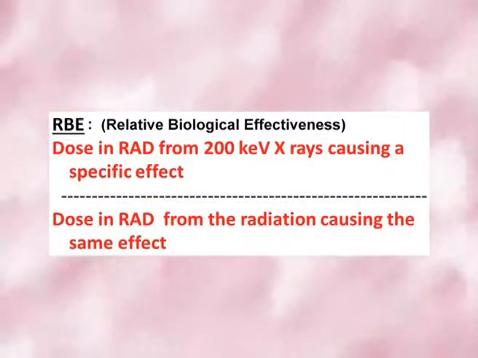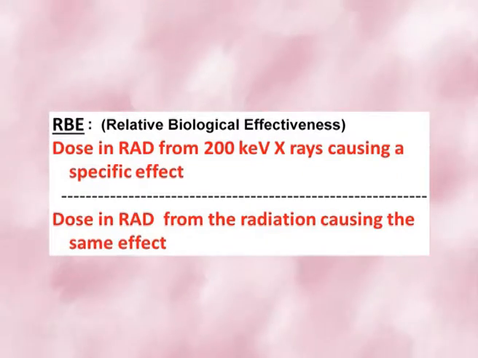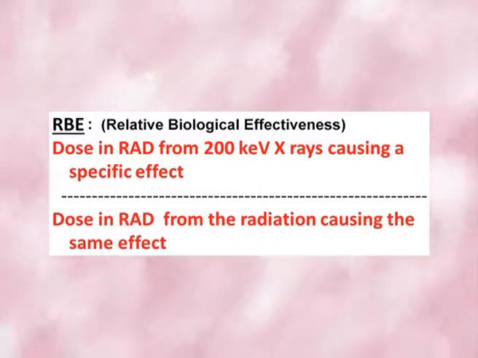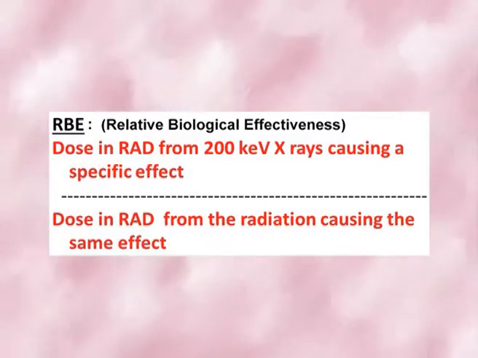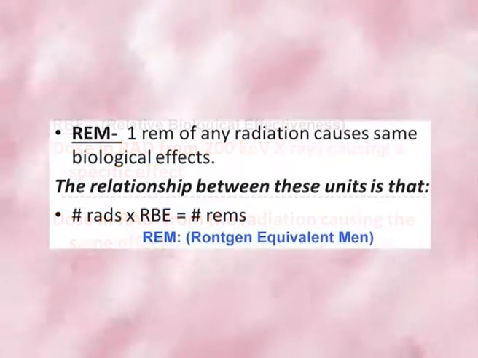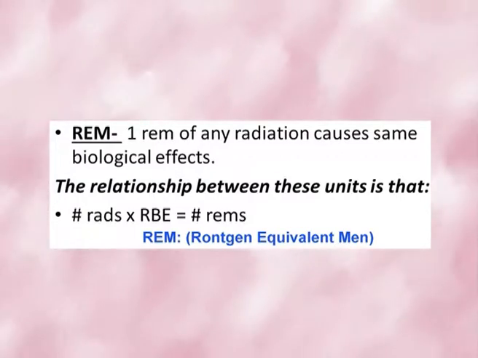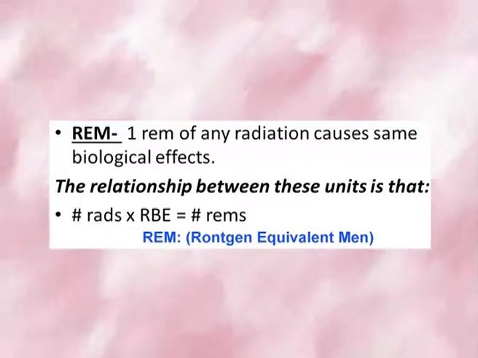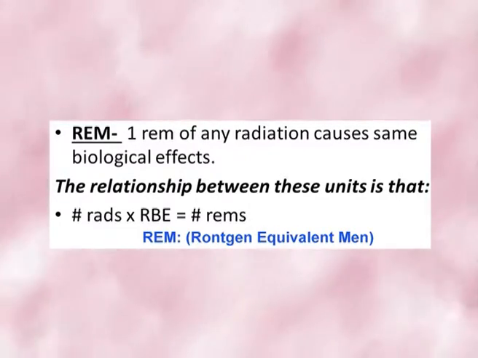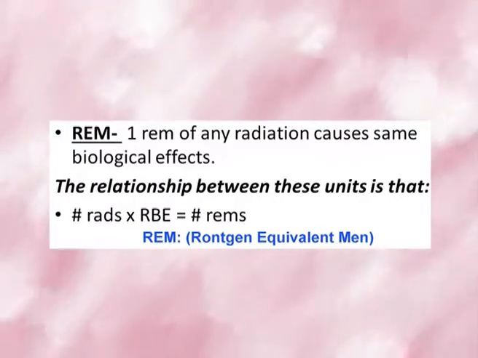RBE, relative biological effectiveness, is the dose of 200 kilo electron volt X-ray to show a specific effect divided by the dose of other radiation to show such a specific effect. REM, Roentgen equivalent man: 1 rem of any radiation can create the same effect. Now the correlation: RAD times RBE is equal to REM.